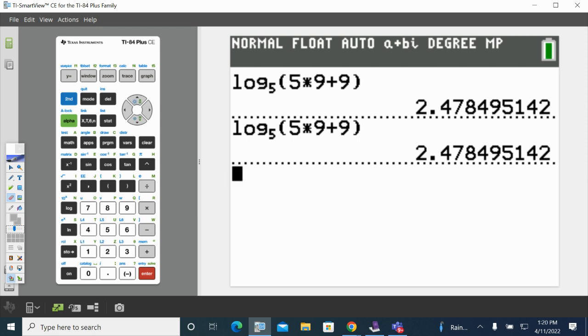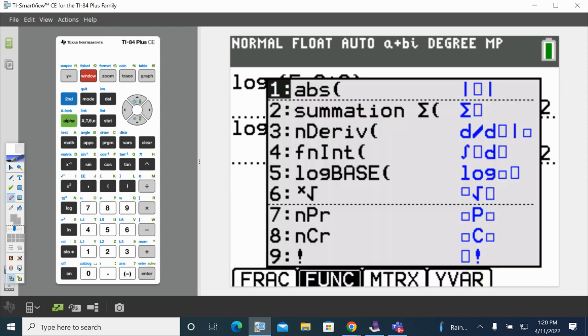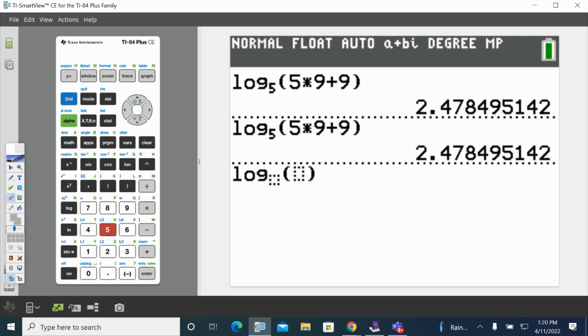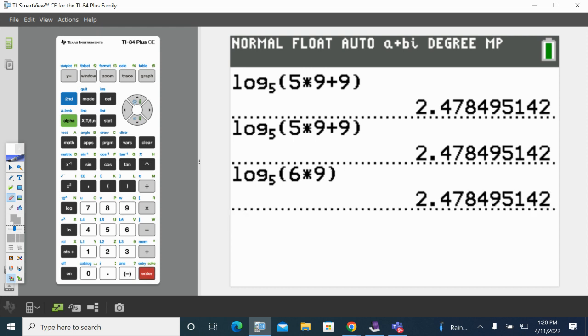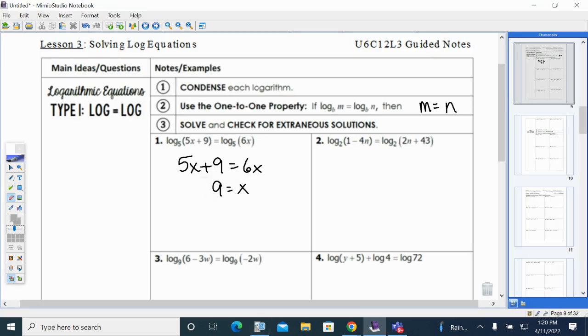On the right side, we've got log base 5 of 6 times 9. And that gives me the same 2.47849, and so on. So the left side equals the right side, which means that 9 is my solution.